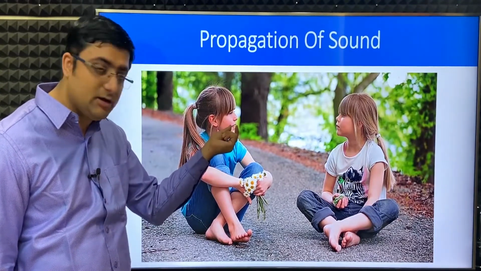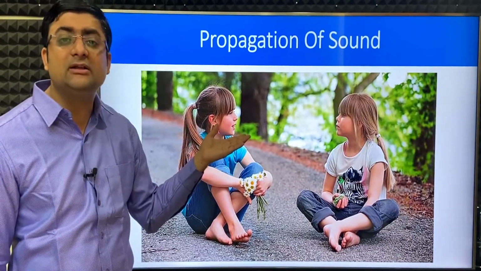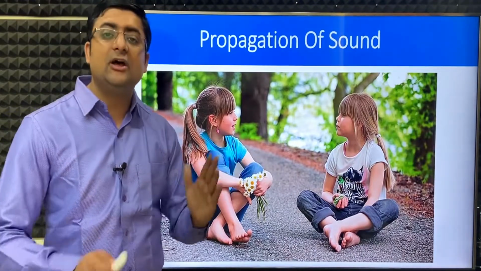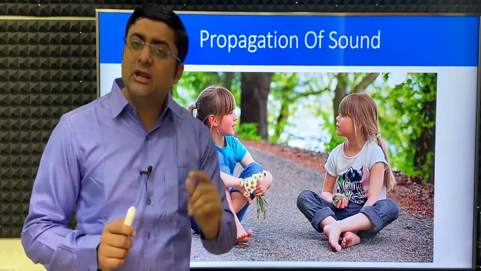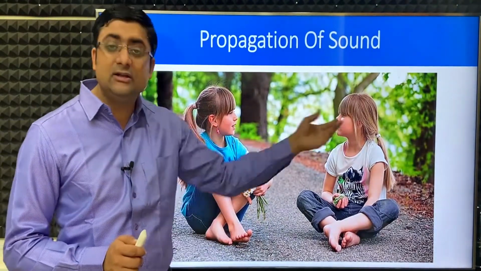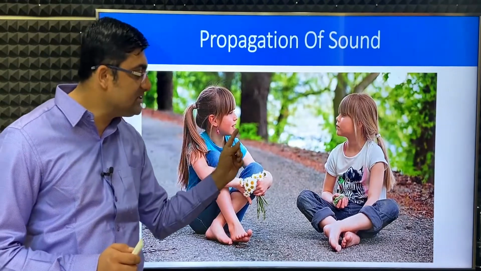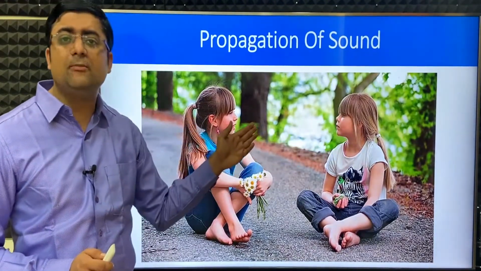Now guys, between her mouth and her ear, there are billions and billions of small particles which are known as molecules. Remember guys, all substances are made up of extremely small particles called molecules. So what is there between her mouth and her ear? Air is there, right? So air is also made up of molecules. So between this point and this point, there are a large number of molecules.